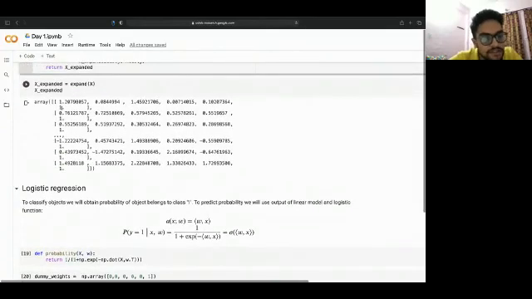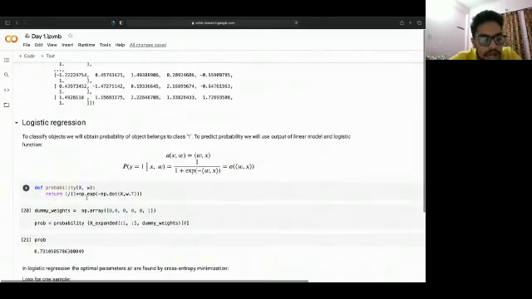As you can see here, this is a NumPy array, and you perform operations on matrices and vectors. So here X would be our training data, which is a NumPy array, and W would be a NumPy array as well. As you can see, I've initialized it over here. So what this function does is that it returns the probability score given the training data and our weights. And like I said, NumPy is as easy as it looks.